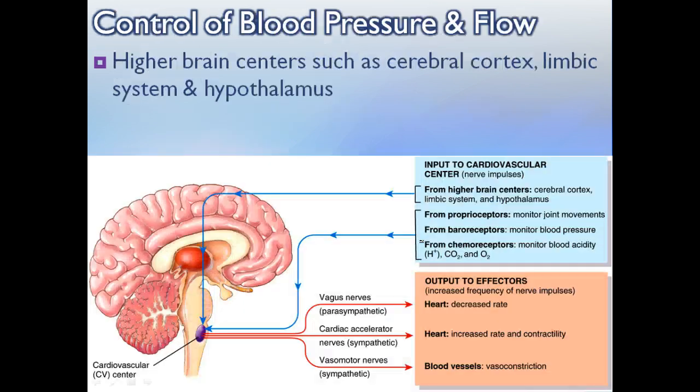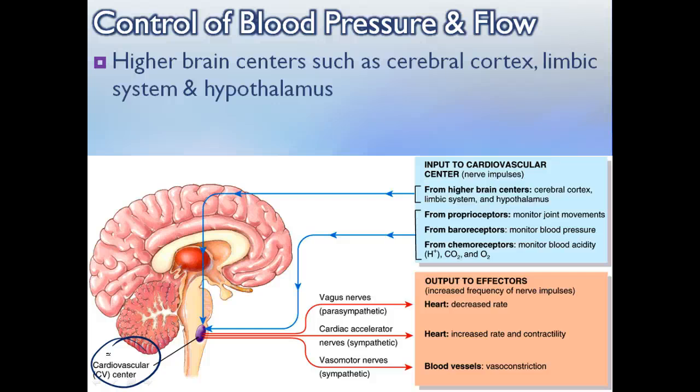So, great. We know how we can target and affect blood vessel diameter, blood pressure, and resistance. So how do we not only maintain blood flow, hemodynamics, and perfusion, but how do we know when we need to make adjustments? Well, that's of course going to come out of that cardiovascular center, the same center we used in the heart for blood pressure and heart rate regulation, which also sends signals to your blood vessels.